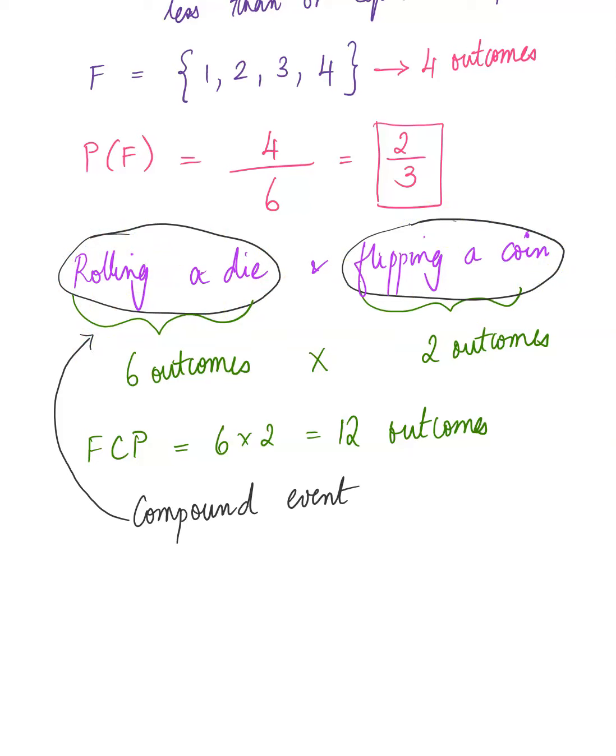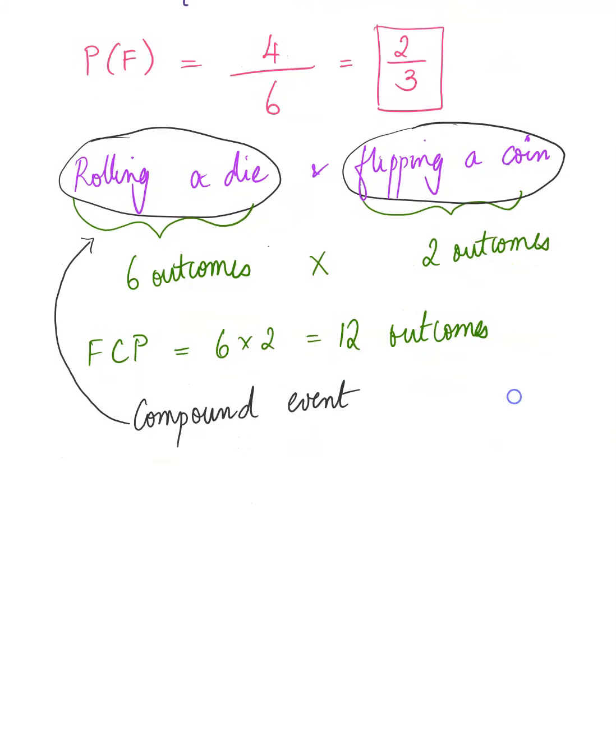So we have 2 things happening, and how do we find the probability of a compound event? First we should list out all the outcomes and then focus on the outcomes from the compound event, and then use the formula of dividing the number of outcomes from the compound event over the total number of outcomes.